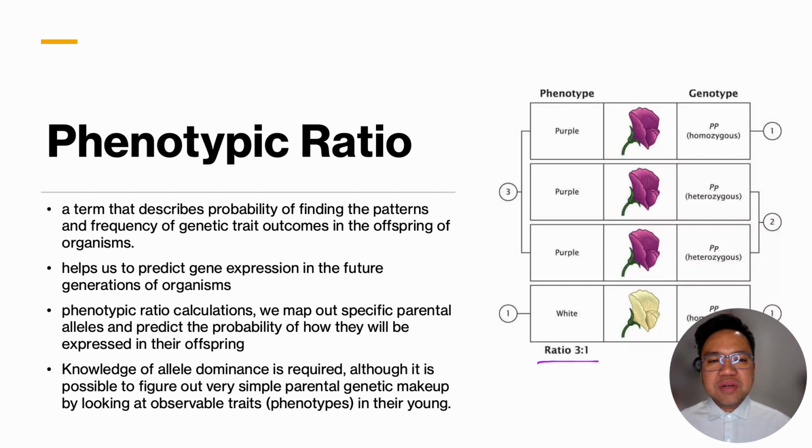In phenotypic ratio calculations, we map out specific parental alleles and predict the probability of how they will be expressed in their offspring. Knowledge of allele dominance is required, although it is possible to figure out very simple parental genetic makeup by looking at observable traits or phenotypes in their young.